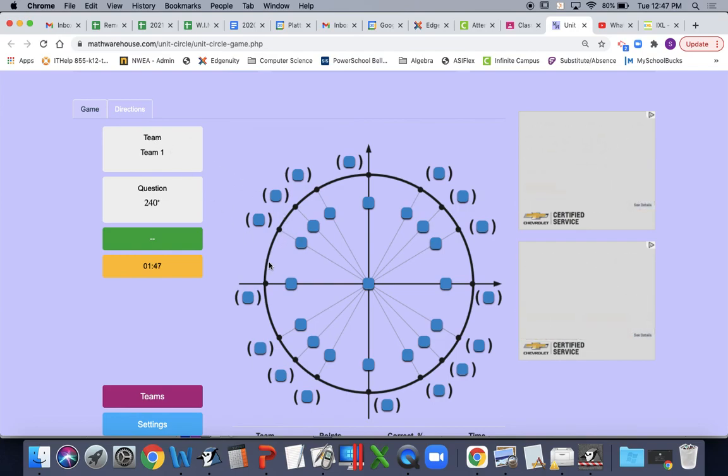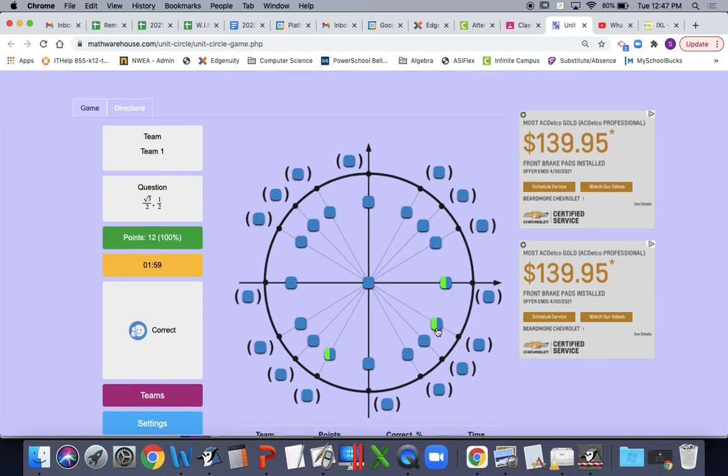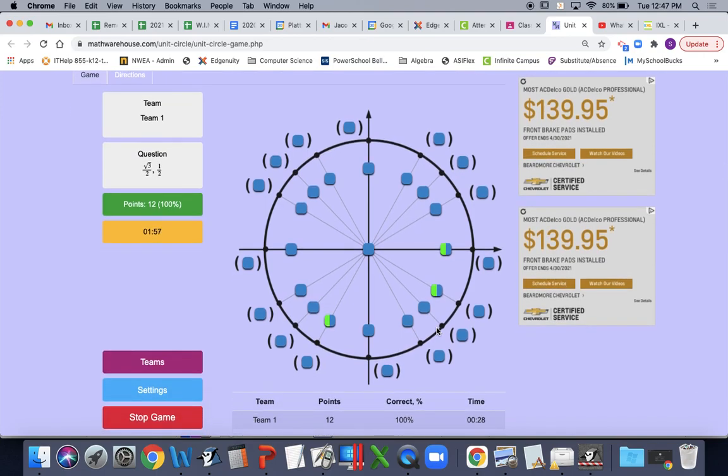This is a team game? All right, so if it's just asking me to find 240, okay. 360, is it this or this? Okay. Ooh, 11 pi over 6. Ah, see how it's filling in half circles? This is definitely new this year.